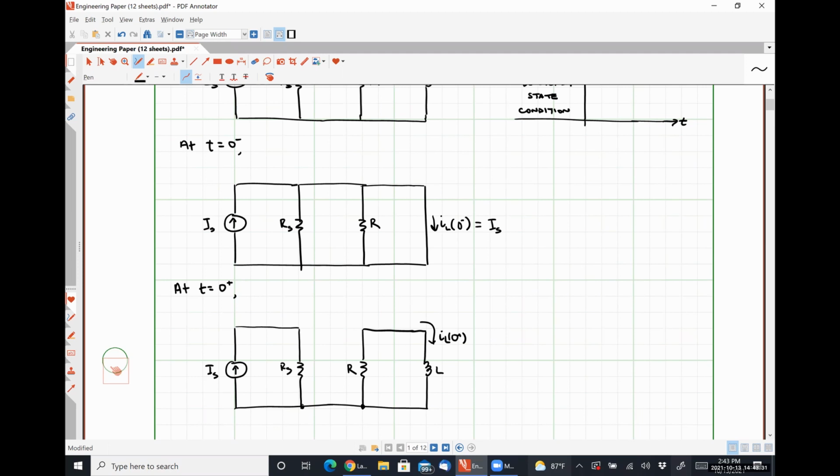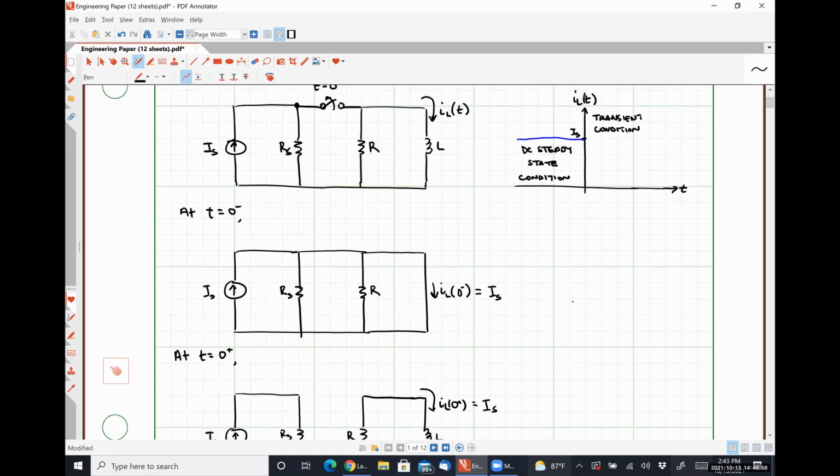So what that means to us is that at t is equal to 0 plus, that inductor current has to stay at IS, or it has to stay at whatever value it had at t is equal to 0 minus. So if we go back to our graph, we know that at t is equal to 0, approaching it from the left and approaching it from the right, our current will have exactly a value of IS.